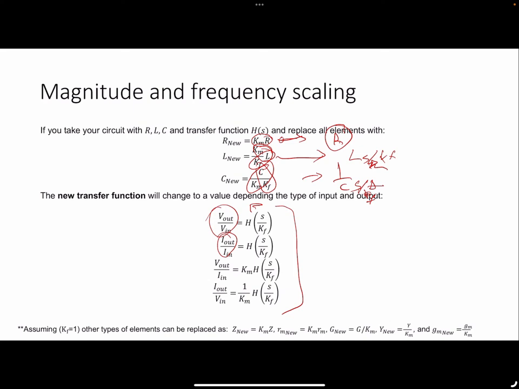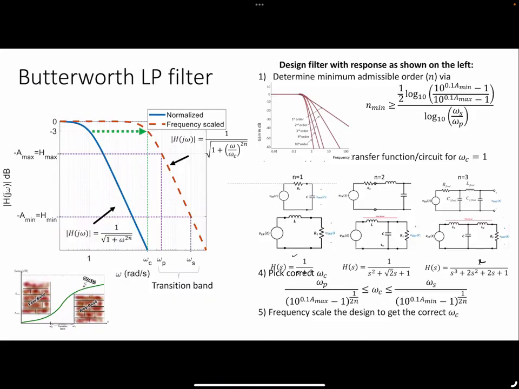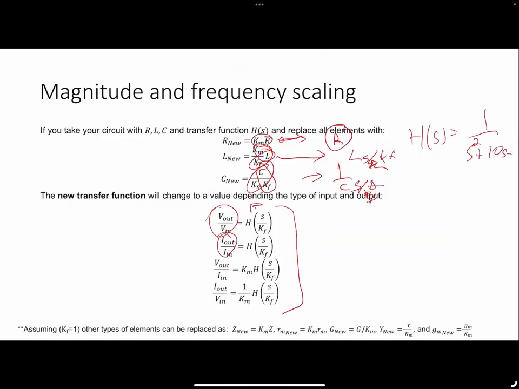In the past, I've done this. I don't know if I did it this exam. I might have done it. You never know. I give the students H of s equals 1 over s plus 10. It was a little more complicated than this, I mean, I'm not that nice, but the spirit was the same.